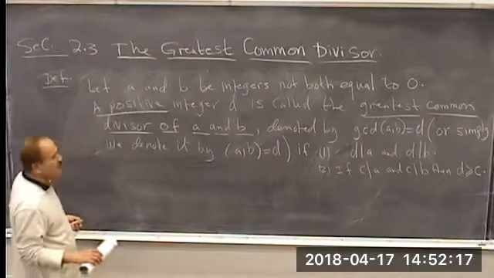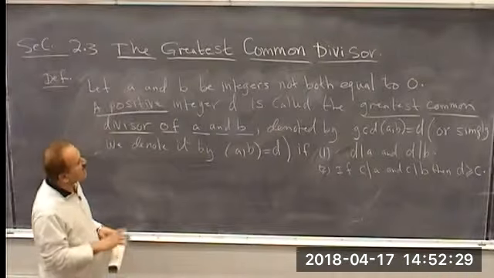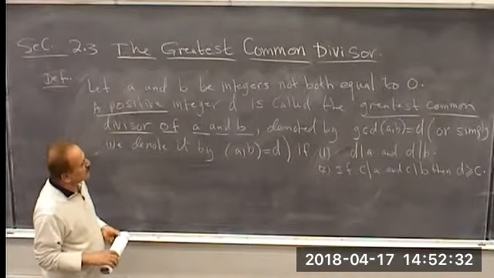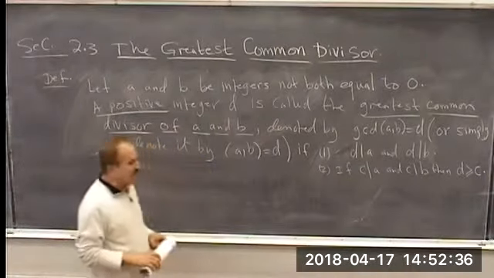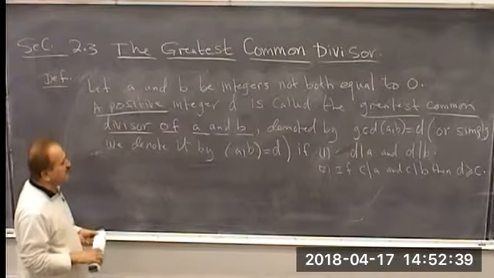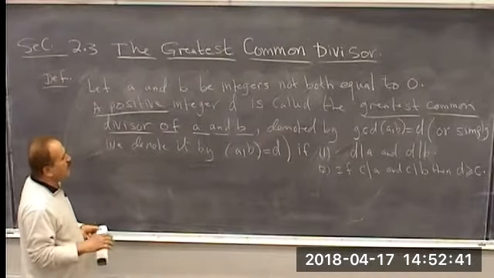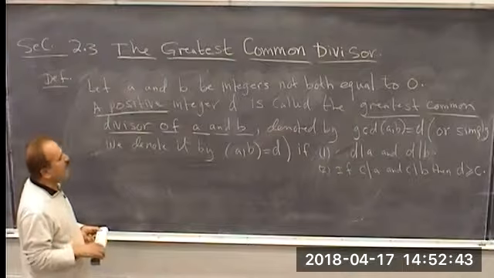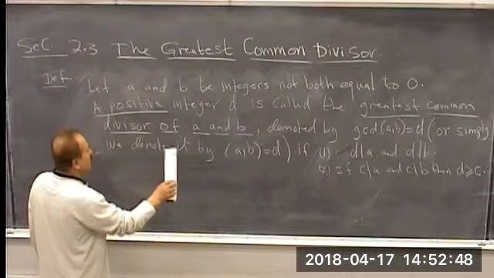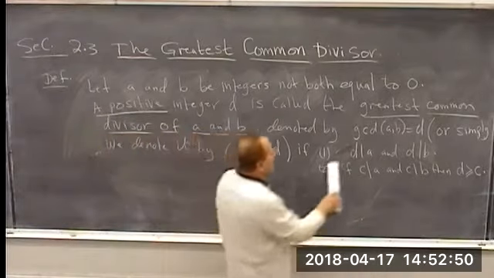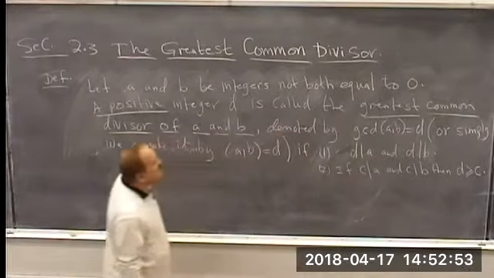Later on in this chapter, we're going to be talking about a more efficient method of computing the greatest common divisor of two integers by what is called the Euclidean algorithm, which is basically applying the division algorithm repeatedly. So I'm not going to be concerned very much with finding greatest common divisors.